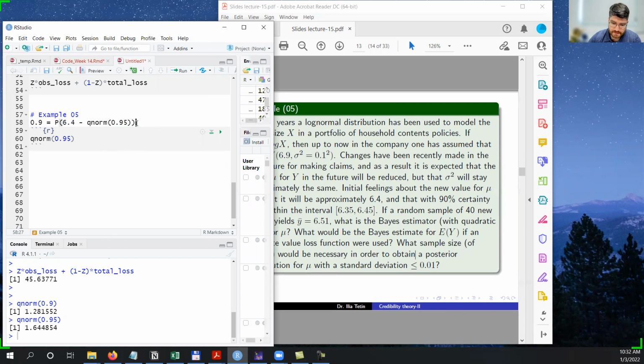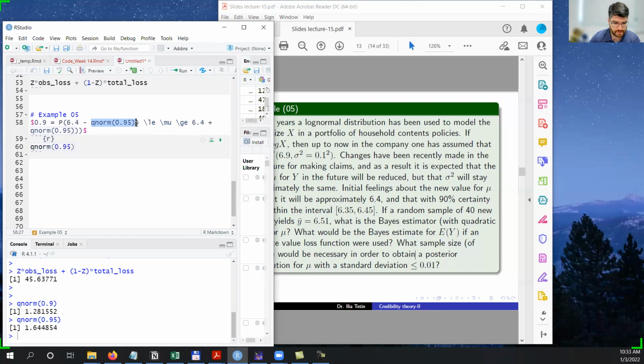6.4 minus the value is less than or equal to mu, and greater than or equal to what? The same value will be here, the only difference is the sign. Let me put it inside the formula. This is the quantile of the normal distribution, and let's replace it with the number.